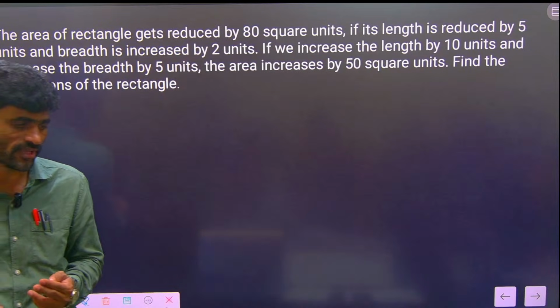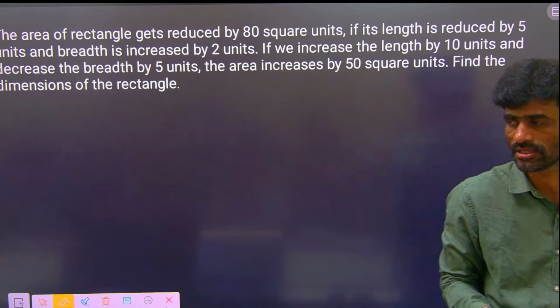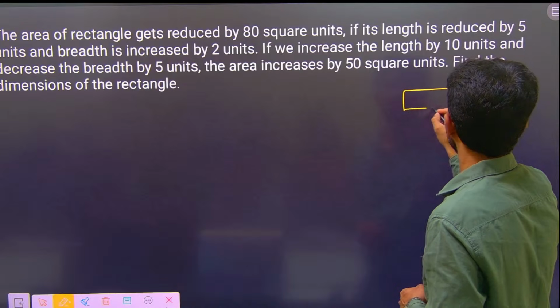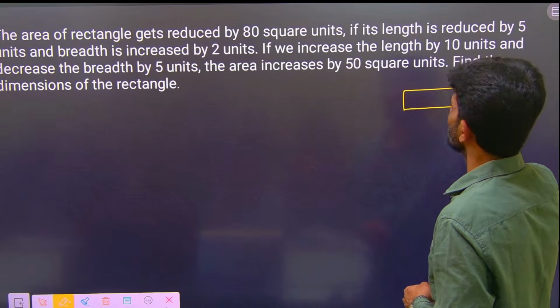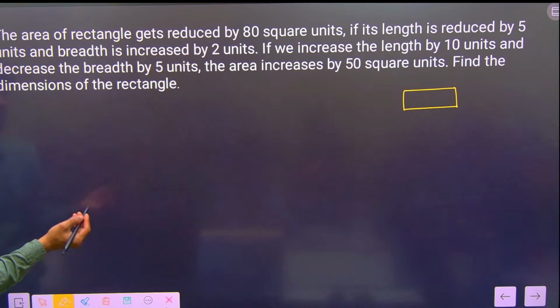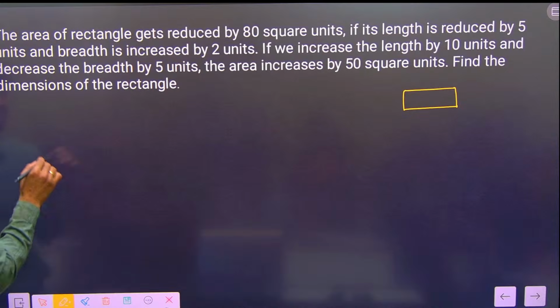So you should first know the area of a rectangle formula. What is the area of a rectangle? Length into breadth. To draw a rectangle to understand better, what do we have to find out here? Find the dimensions of the rectangle. Dimensions mean length and breadth. Because we have to find length and breadth, we will take x and y.